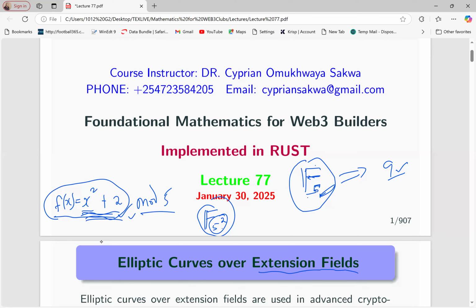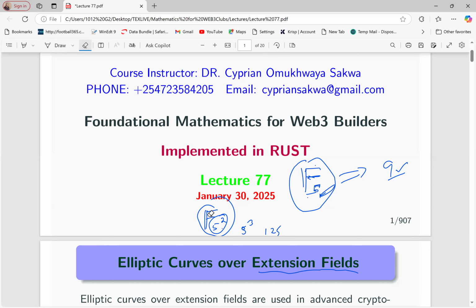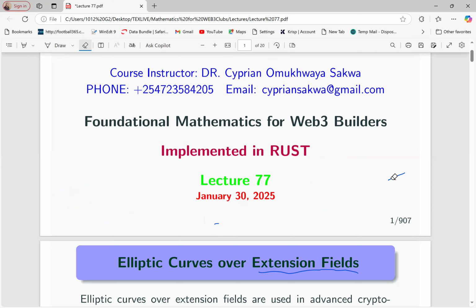Now, if the polynomial was of degree 3, then we are talking of 5 raised to 3, that is approximately 125 points. So that is what we want to do this time. If you're given a field, you can extend it using an irreducible polynomial to get another field of more points.